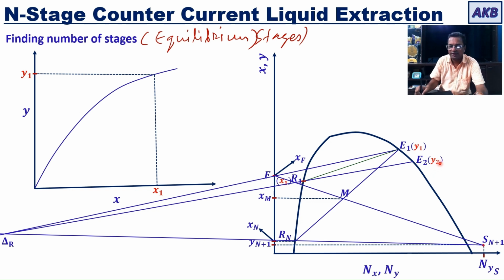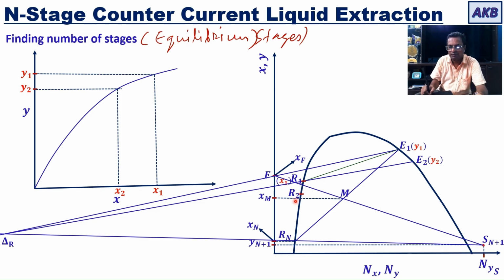I will take this y2, come to the distribution diagram, locate y2 on it, then I will go to the equilibrium curve and get the corresponding value of x2. I will pick up this x2, again come to the ternary diagram, locate x2 on the y-axis, go to the A reach part of the binodal solubility curve where intersection occurs.